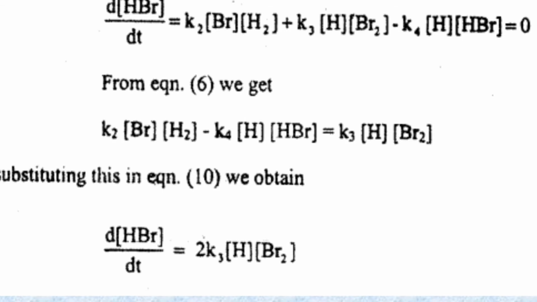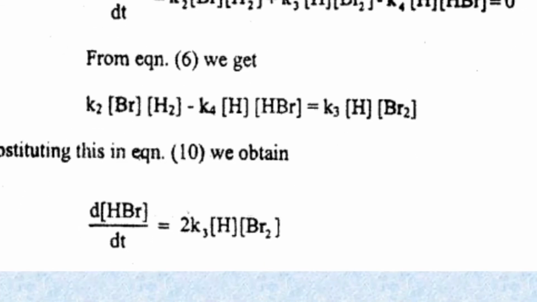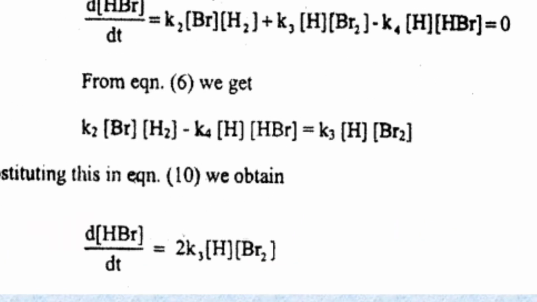When you substitute this into the above equation, we get d[HBr]/dt = 2k3[H][Br2]. This is the rate of formation of HBr.